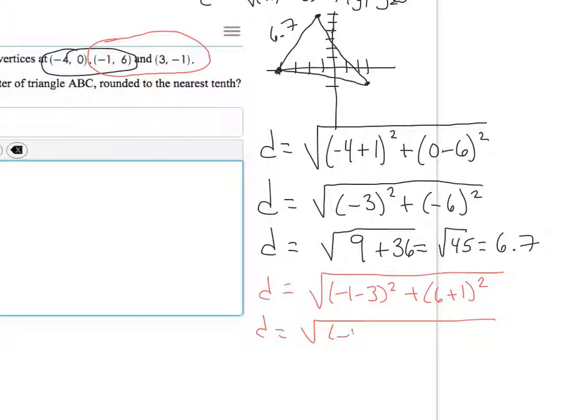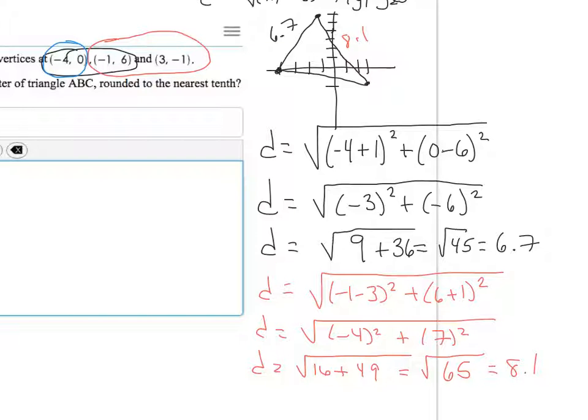Negative 1 minus 3 is negative 4 squared. 6 minus 1 is 5... wait, 6 plus 1 is 7 squared. So this is 16 plus 49, which gives me 65. So the square root of 65 is 8.1 to the nearest tenth. So now I found this side to be 8.1.